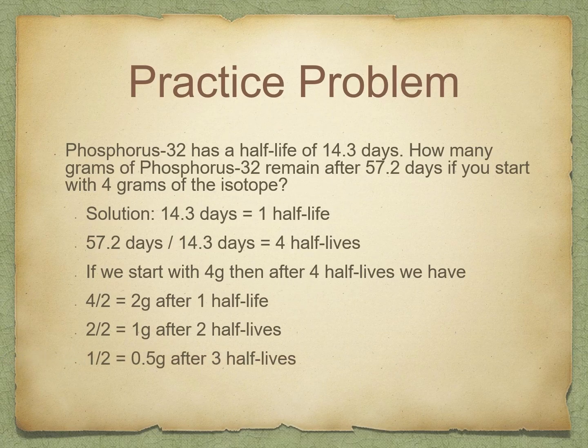After a third half-life, we would have half of that, and so we'd have 0.5 grams remaining. And after our fourth half-life, we would have half of that, which would be a quarter of a gram or 0.25 grams. So after 4 half-lives, we would have 1/4 of a gram remaining or 0.25 grams.